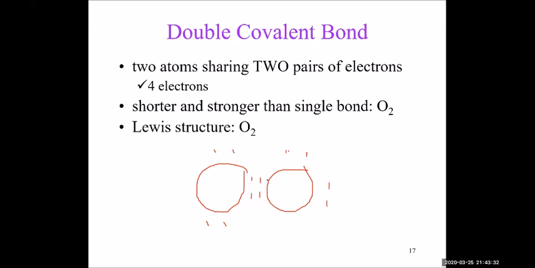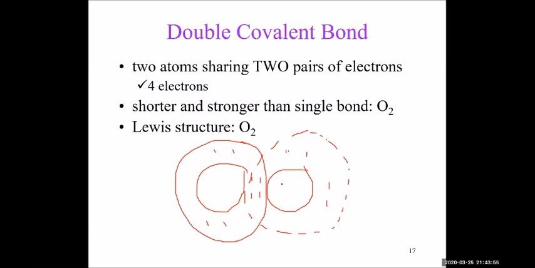When you have this kind of layout, you can see for this oxygen there are 1, 2, 3, 4, plus 4 more. That's 8 electrons. And the other oxygen is very similar; it also has 8 electrons.